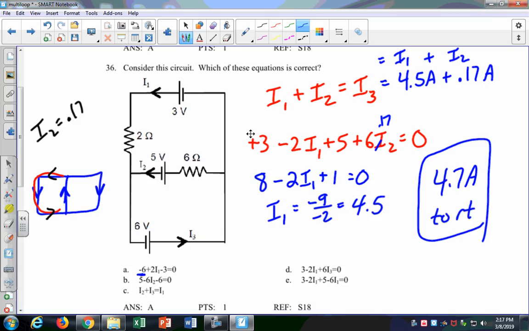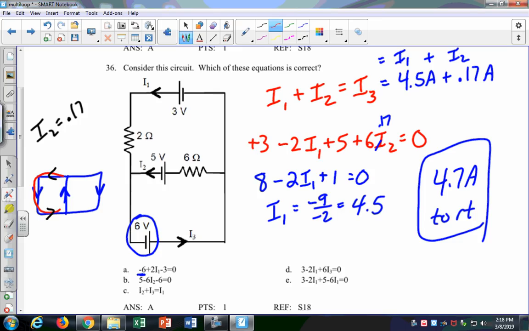It starts with -6. All right, well I only have one element in the circuit that could give me a -6. And it's this battery right here. And then I ask myself the question, well, what direction can I go in order to make this negative?